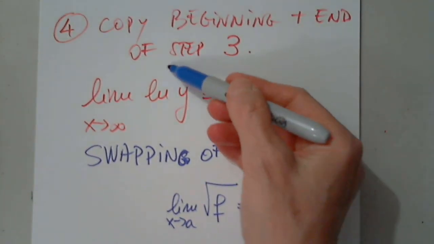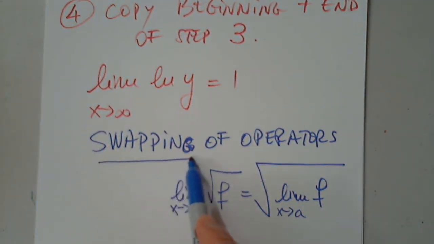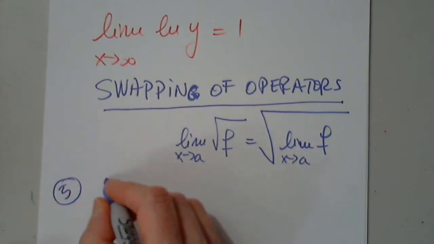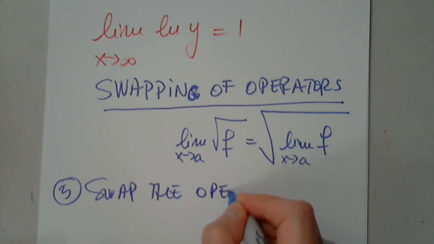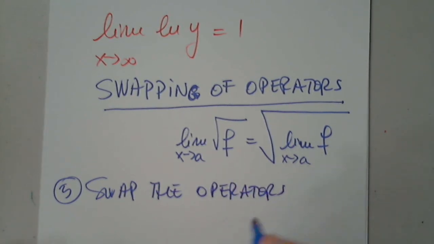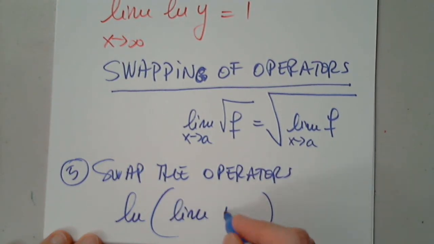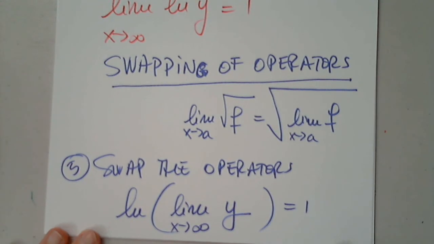I guarantee you that natural log is a continuous function. I am going to swap the operators. In step 5, swap the operators. So I'm going to put natural log outside and the limit of y as x approaches infinity equals 1.